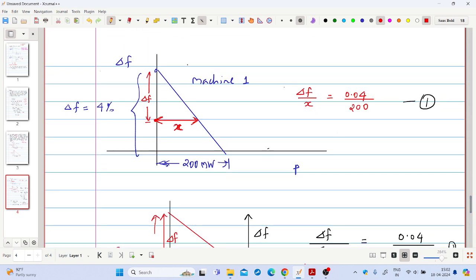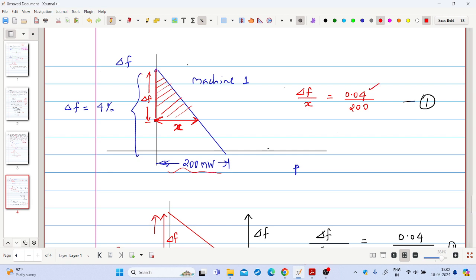If you apply the similar triangles property, for the smaller triangle you can write delta F by X equal to, for the bigger triangle, 4% by 200. 4% is 0.04 divided by 200. That is our first equation.